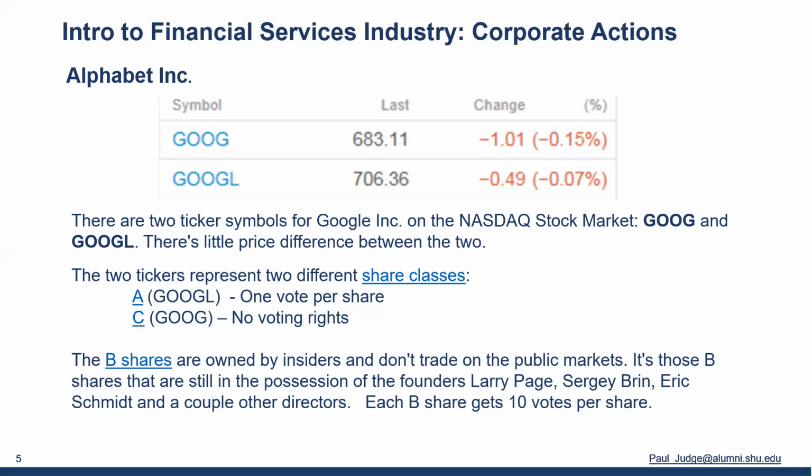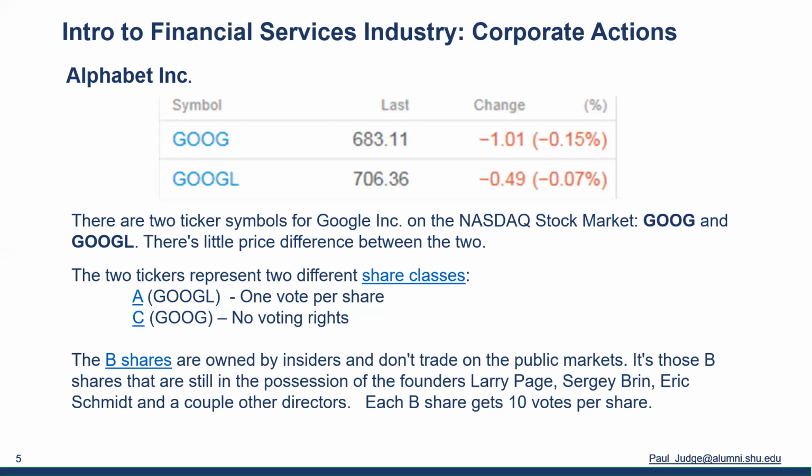And the other thing that Google did, at one point, was they also changed their symbols. They changed which symbol was the A issue or the C issue. What they did was they came out with the C issue.